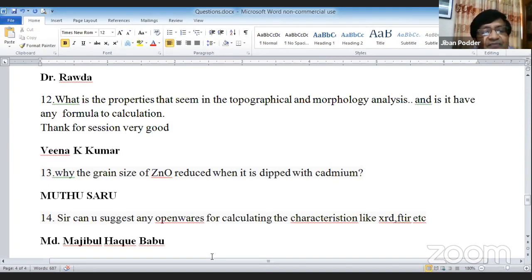Why is the grain size of zinc oxide reduced when it is doped with cadmium? Actually, cadmium may cause a cross-linking process when we use zinc oxide with a heteroatom other than zinc, and that can change the cross-linking and break the bonds. These are all fibers, long chain fiber structures.